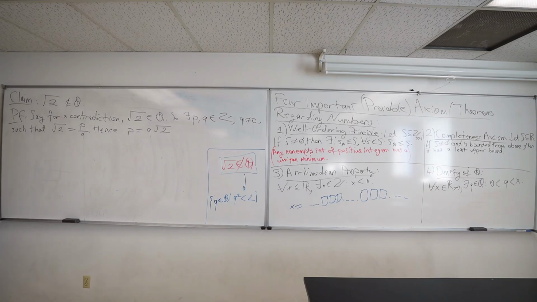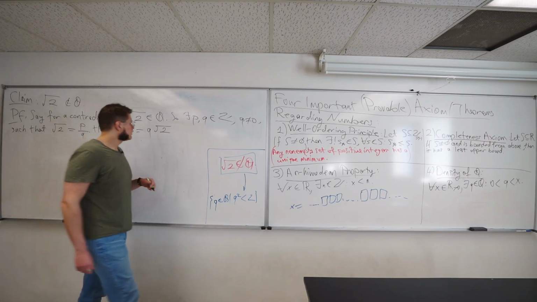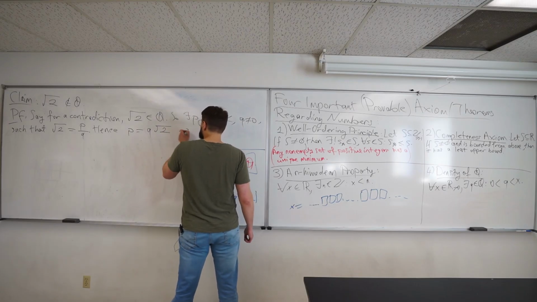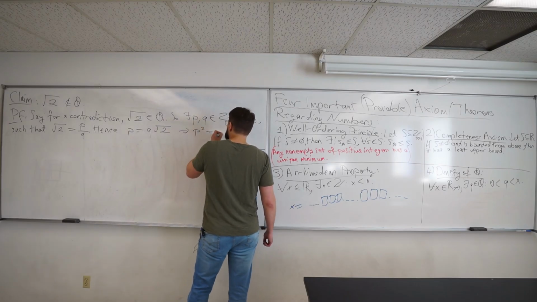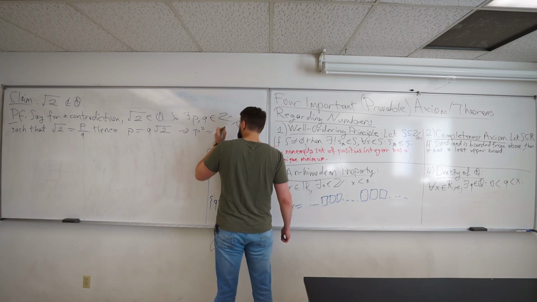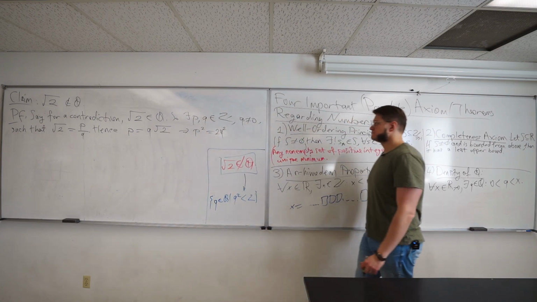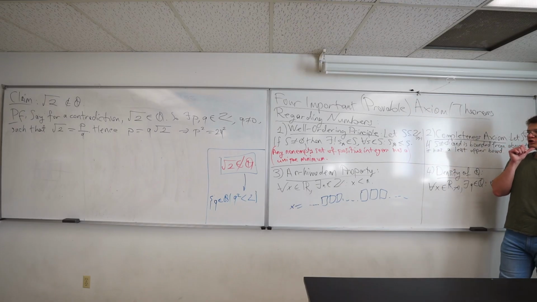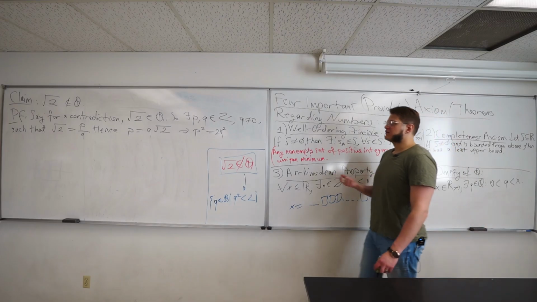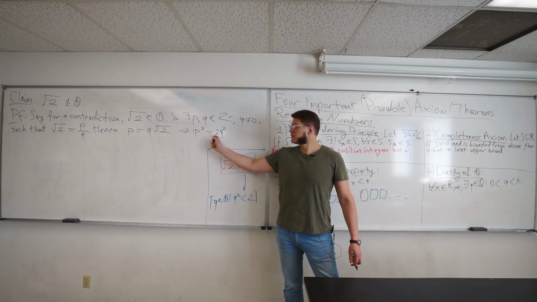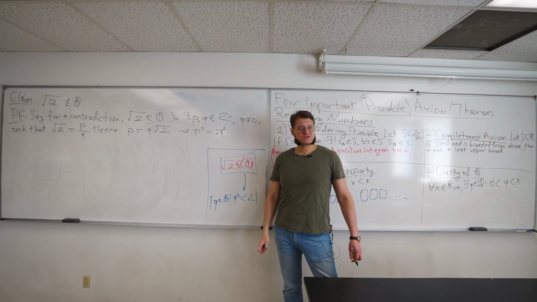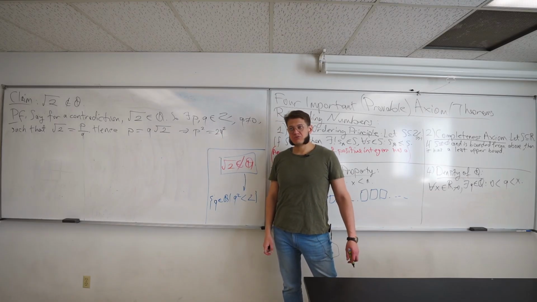Taking squares, I have p squared equals 2 times q squared. As q is an integer, so is q squared. And this is pretty much the only trick that we've been using so far. This basically says that p squared is an even integer. It's divisible by 2.